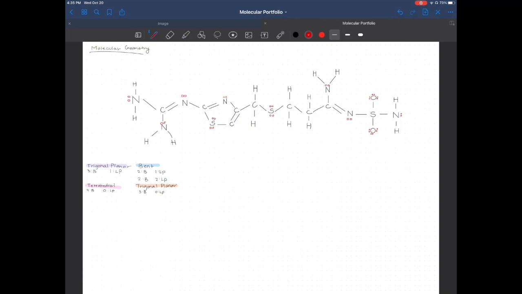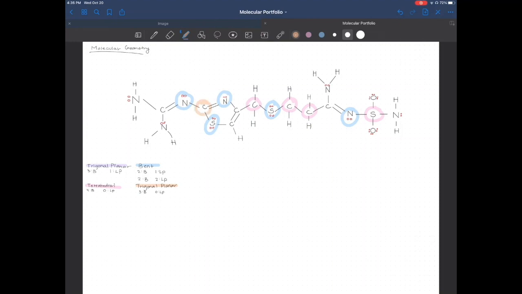Now I will show the molecular geometry of each central atom. The bent structure will be represented by blue, which can be 2 bonds and 1 lone pair, or 2 bonds and 2 lone pairs. Next, I'm going in and showing tetrahedral, which is 4 bonds and 1 lone pair.